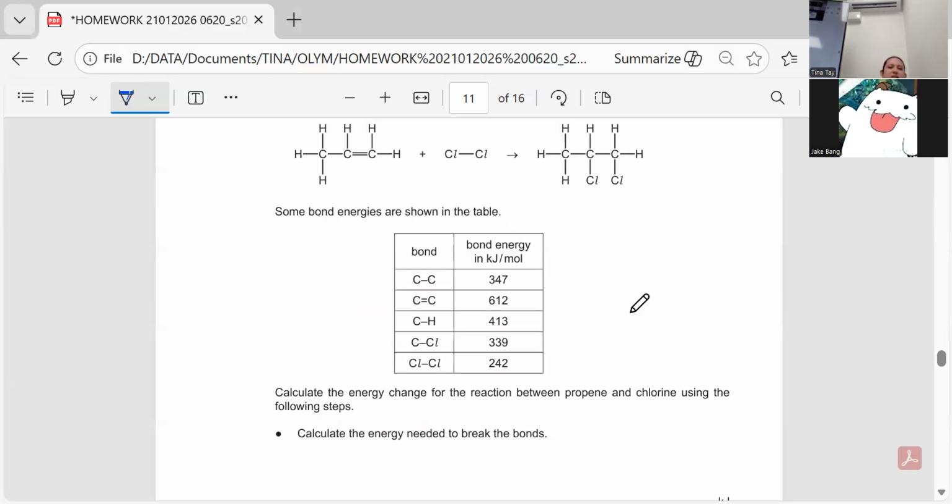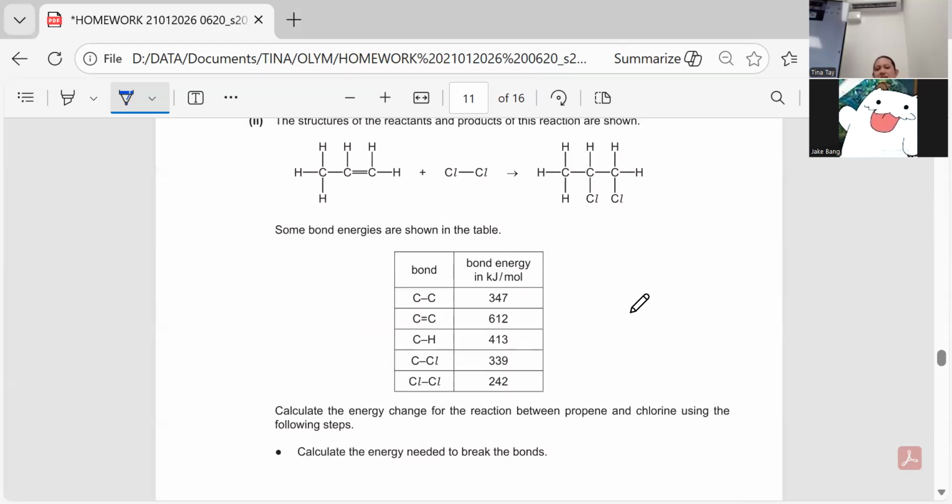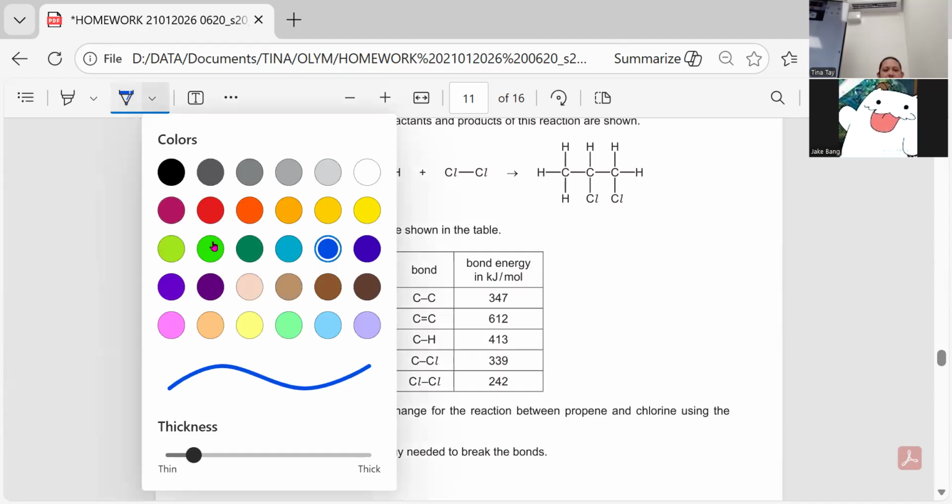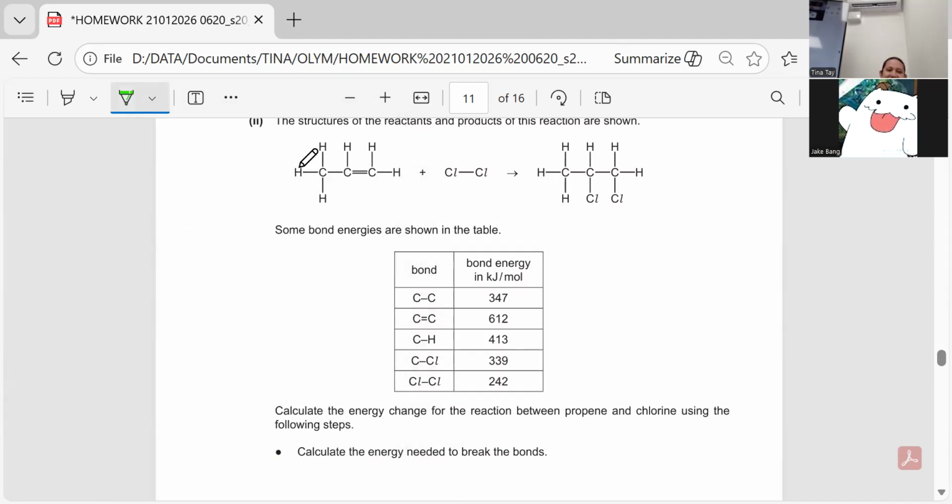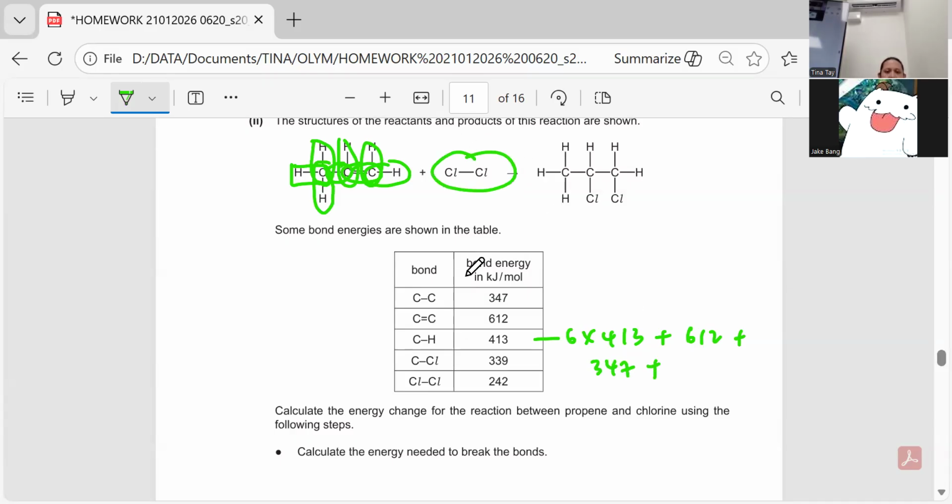Because what they did is they didn't count all. But nowadays, with the new marking scheme, you must count all. Wait. 1, 2, 3, 4, 5, 6. 6 times 413 plus CH 612, CC 347, CCl 339, Cl 242.